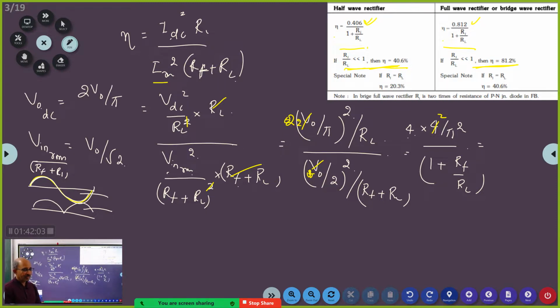Sir, it means that only that much percent of the input AC power is converted to DC power. So only 40% of the input AC power is converted into DC power. And for full wave, 81% of the input power is converted to DC power. Got it?